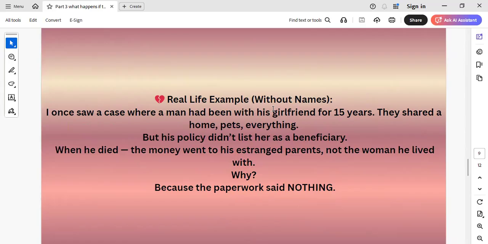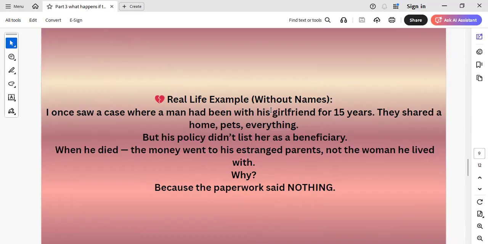And that's very important. A lot of times you see people who have been with their significant other for 5, 10, 20 years, however long they've been together. They're not married, and lo and behold, they cannot claim the life insurance because they are legally not married to that person. And that's an issue.